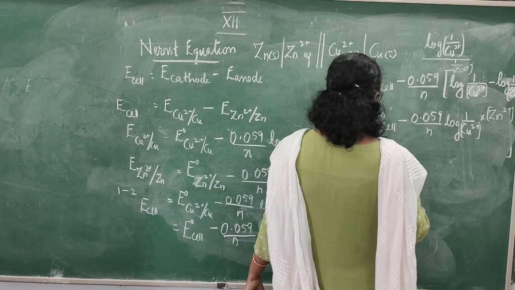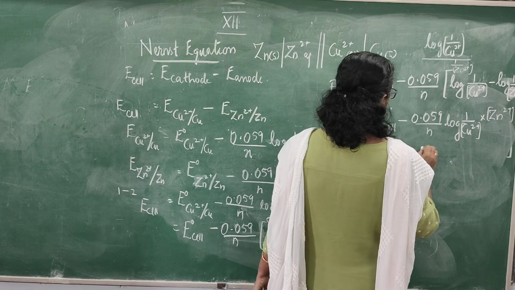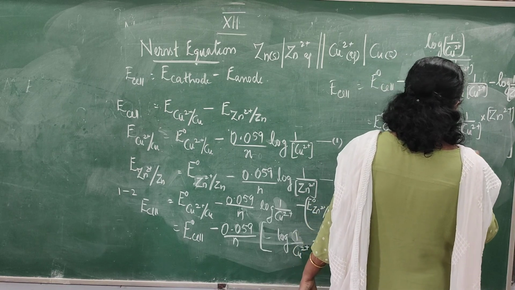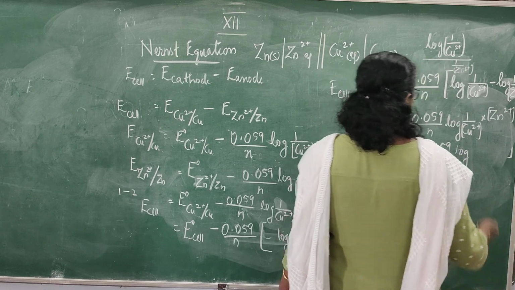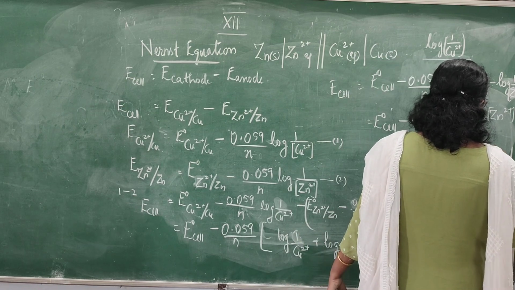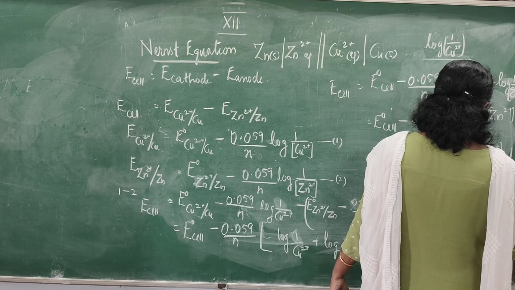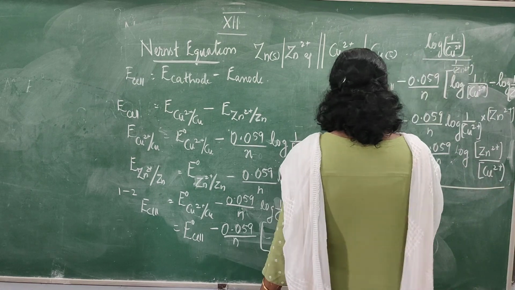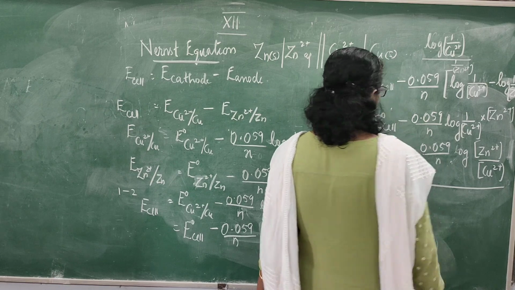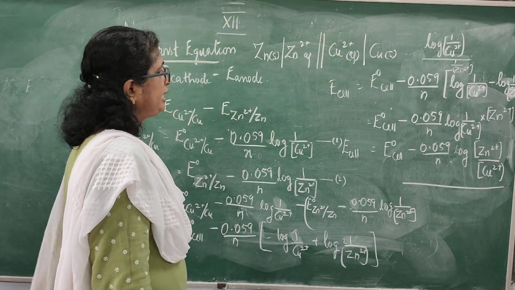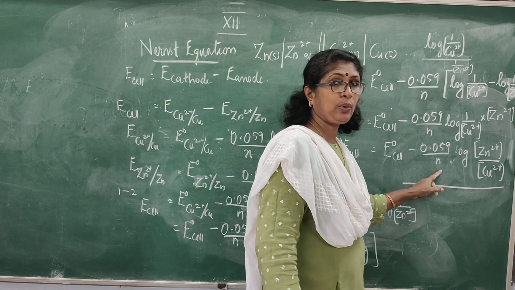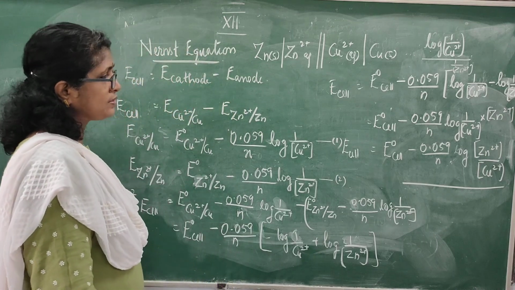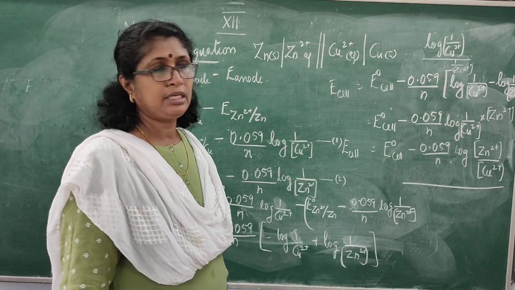So this is equal to E naught cell minus 0.059 by n log Zn2+ by the molar concentration of Cu2+. So E cell is equal to E naught cell minus 0.059 by 2 in the case of zinc copper, log molar concentration of Zn2+ by Cu2+.